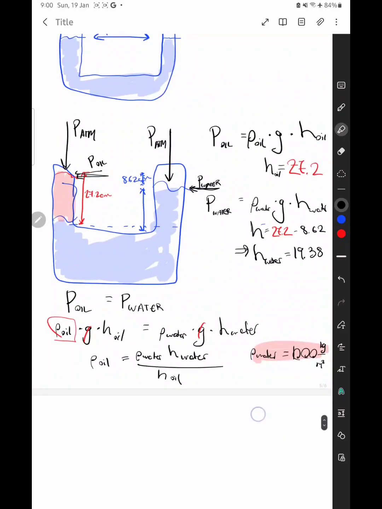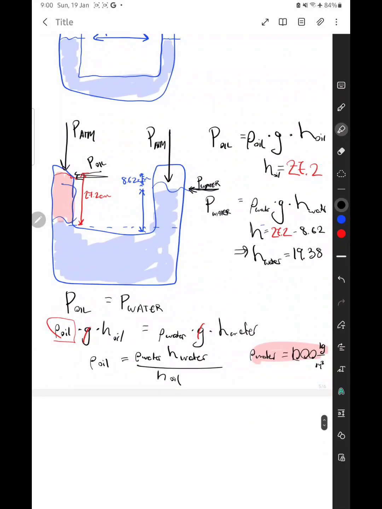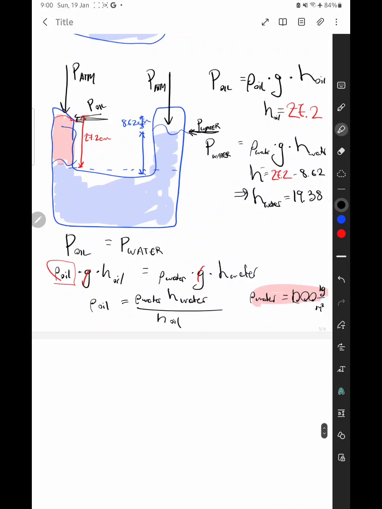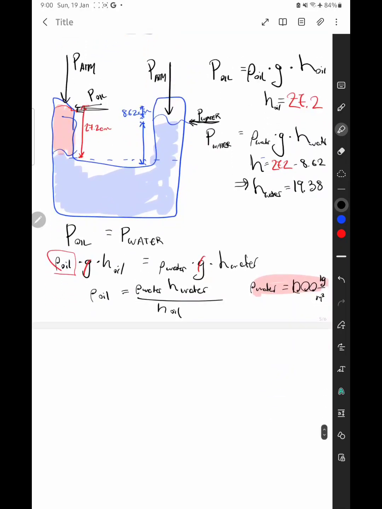We have H water is 19.38 times 1000 divided by H oil, and you'll get a density that is, well, it should be a bit lower than raw water. I'm just gonna do it to make sure. All right, and you should approximately get around 708.8 kilograms per meter cubed.